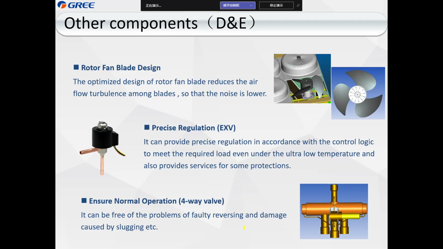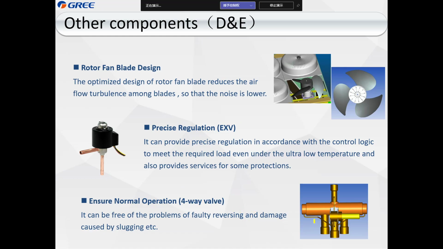And the other components for the D and E series: the rotor fan blade design. This fan blade, and precise regulation. We use the expansion valve as the throttle equipment, which makes the control more exact. And another is to ensure normal operation for a while.